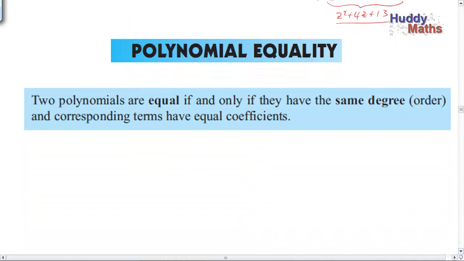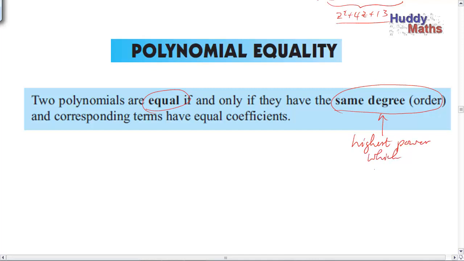Okay, what we're going to do now is, having broken down individual polynomials and looked at graphs and solutions to equations, roots to equations, we're now going to look at what makes two polynomials equal. They must have the same degree or order. And this is the highest power occurring, is the order or the degree of the polynomial.